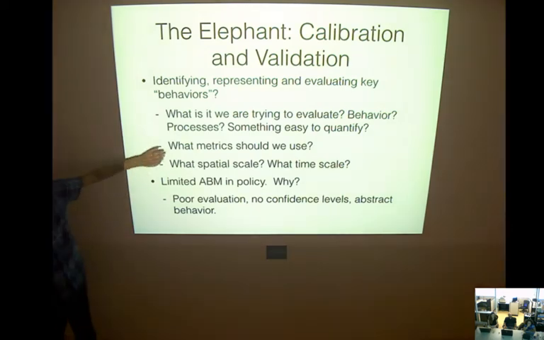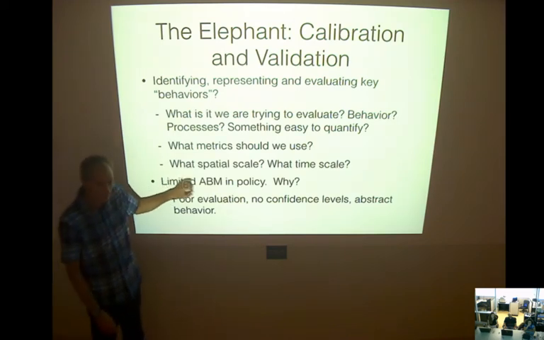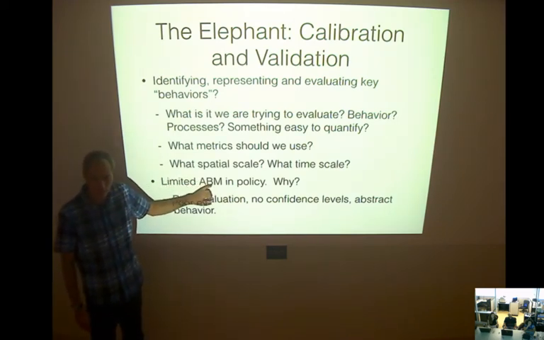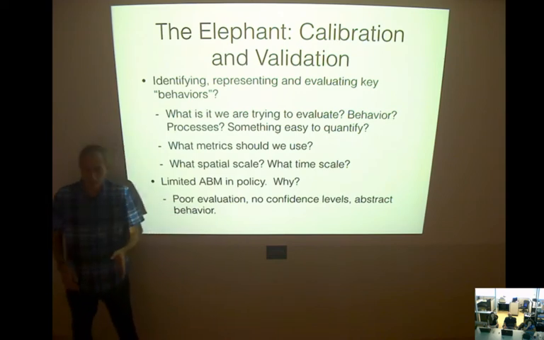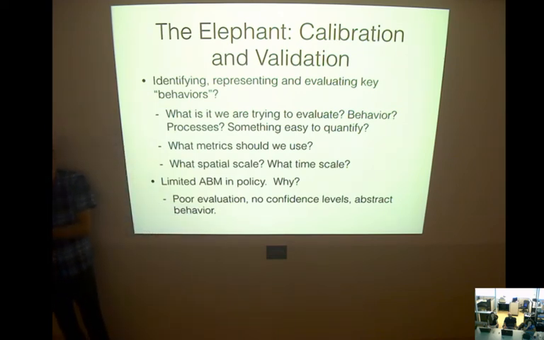The other thing is, because we're potentially not doing a very good job of calibrating and validating our agent-based models, does that therefore impact their use in policy? I spent a couple of days looking at where agent-based models have been used to inform policy, and I wrote a blog article on this. The BIOS group from San Jose did a lot of work for Southwest Airlines.